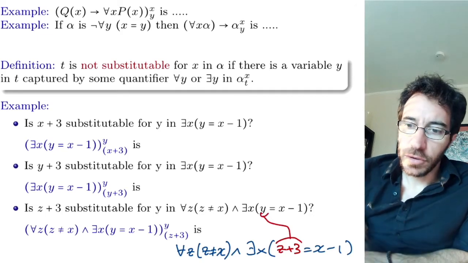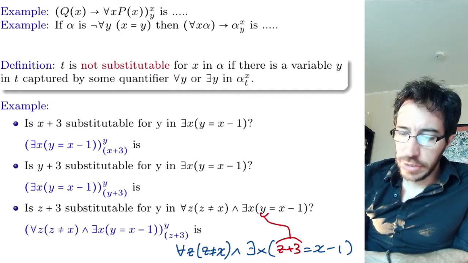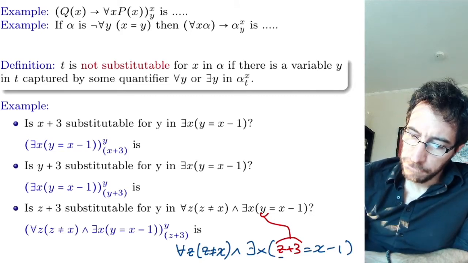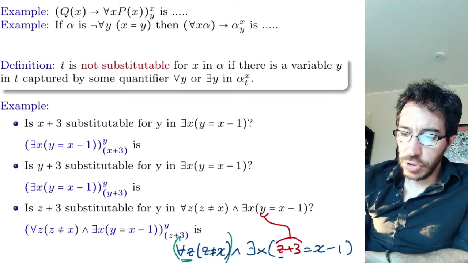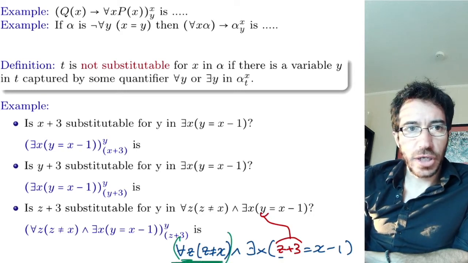And now, are we bounding any variable that we didn't want to bound? Well, no, this z here stays free because the for all z is only working inside these parentheses, right? So it's not working outside.